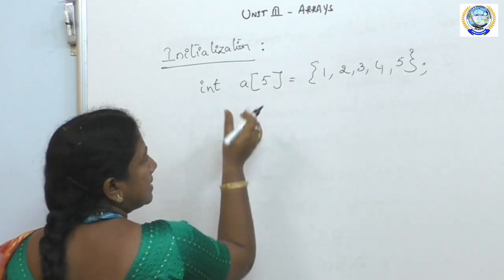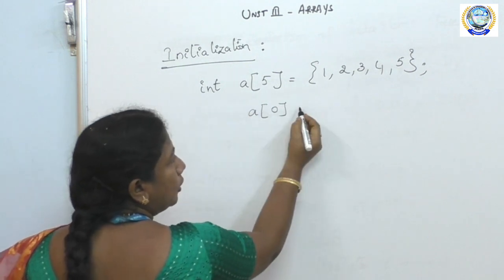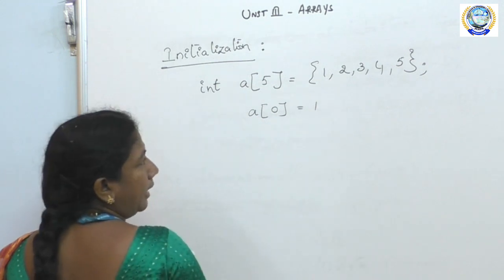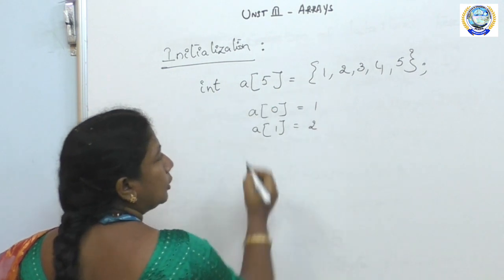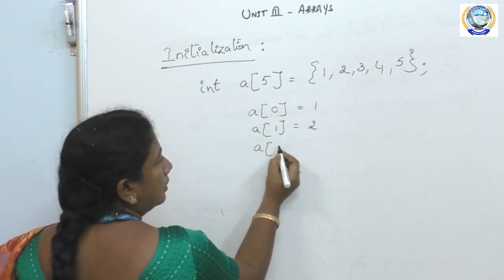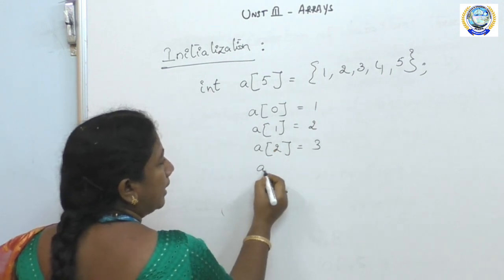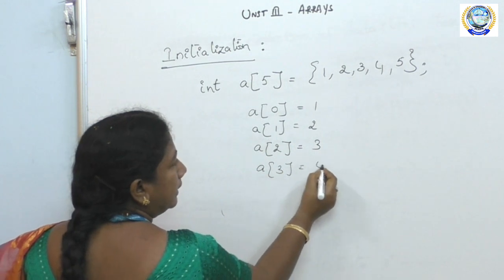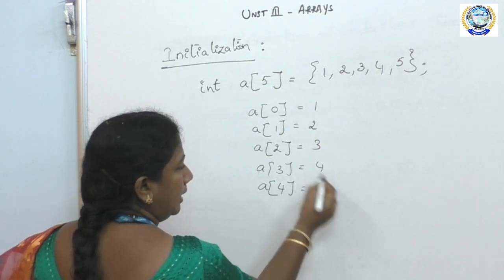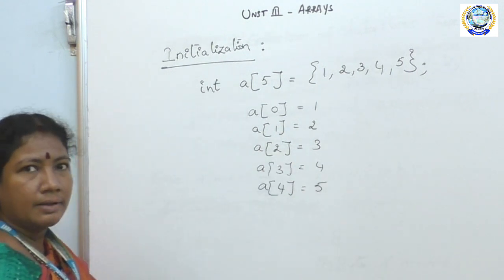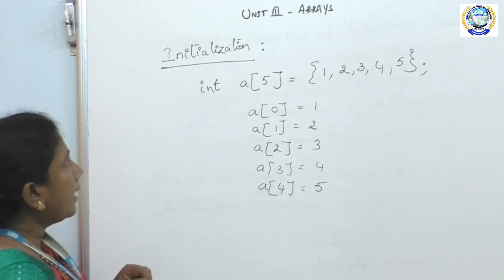By giving this, the value at a[0] is 1, a[1] is 2, a[2] takes the value 3, a[3] takes the value 4, and a[4] takes the value 5.